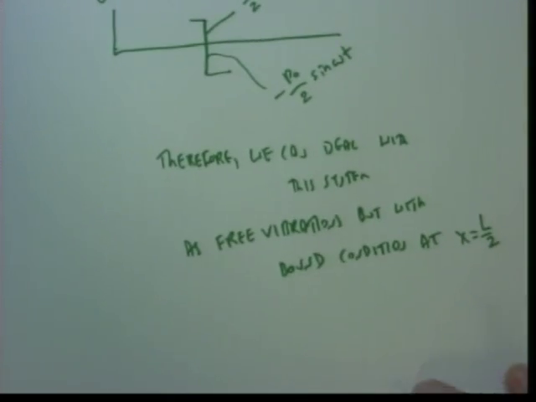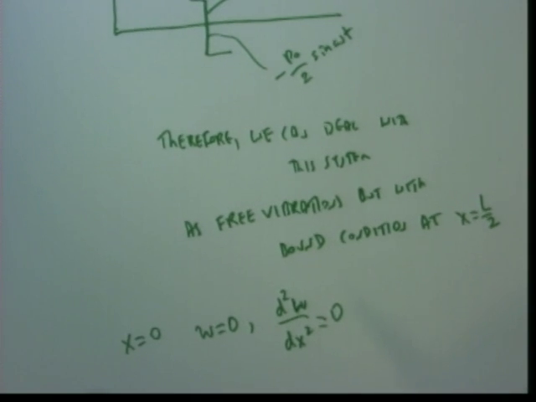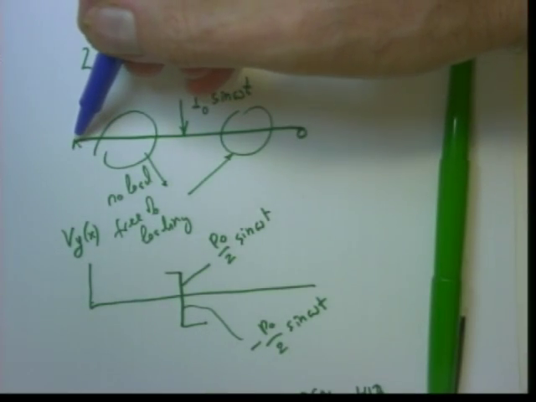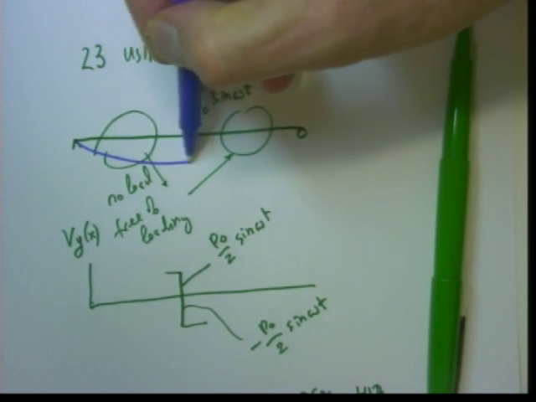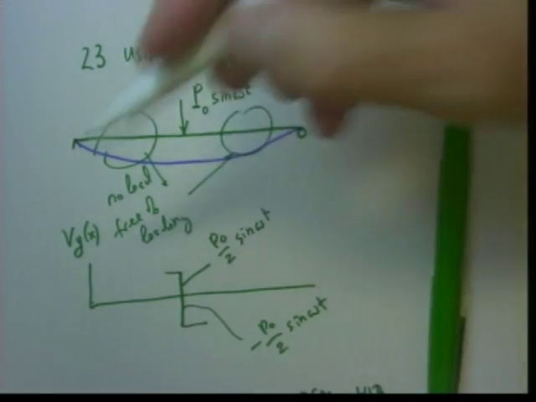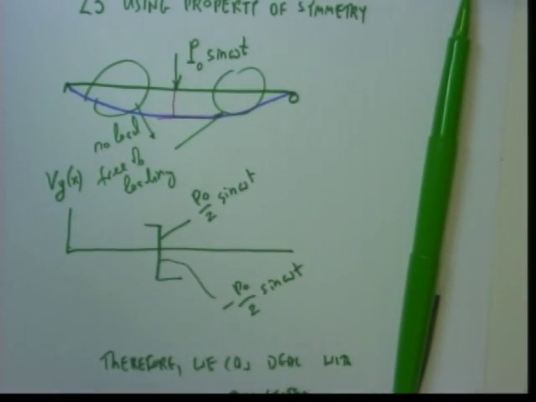So what will be the condition? Look, please, at x equals 0: w, of course, equals 0, and the second derivative of w with respect to x is 0. Now here, the behavior must be symmetric, because I see that there is a symmetry. Because the displacement is like this, here the derivative must equal 0 underneath the load.